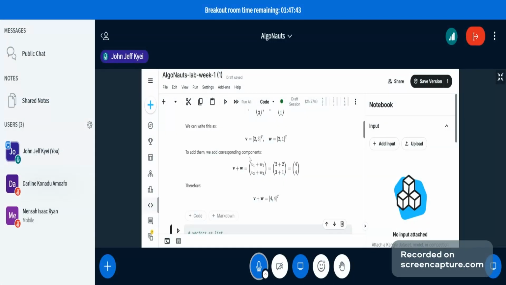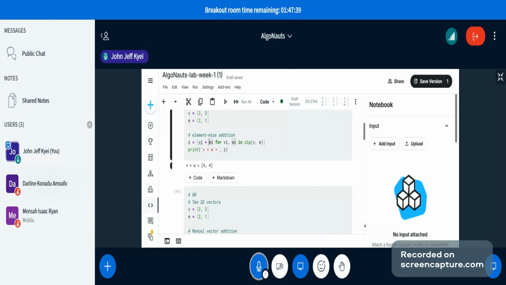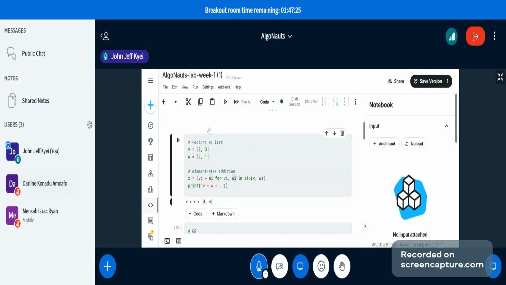So what we are doing here is adding v i plus w i, this plus this, and doing the same thing for the next component. Here i is just the range of the vectors.